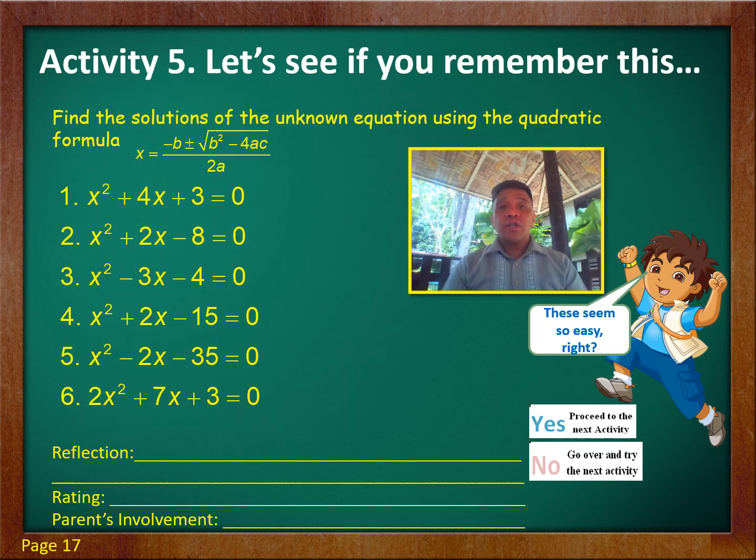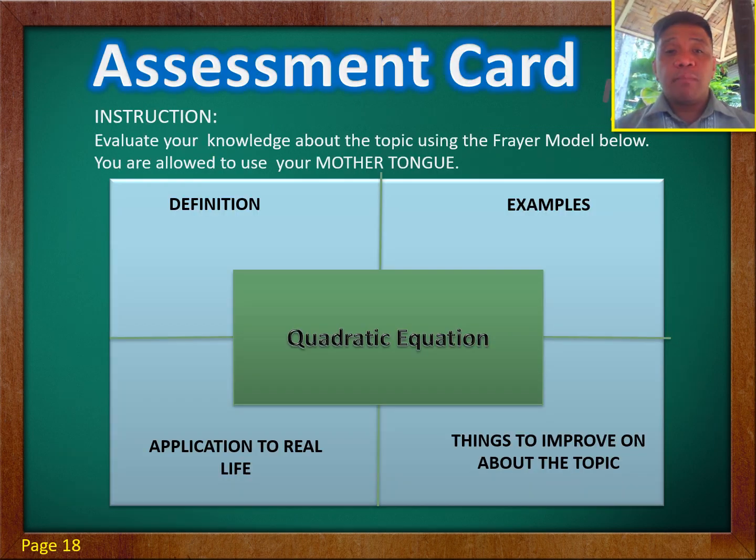And in activity 5, you're going to solve the quadratic equation for the unknown value using the quadratic formula. Then you're going to monitor yourself and give a reflection. And here we have the assessment card using the Frayer model below.